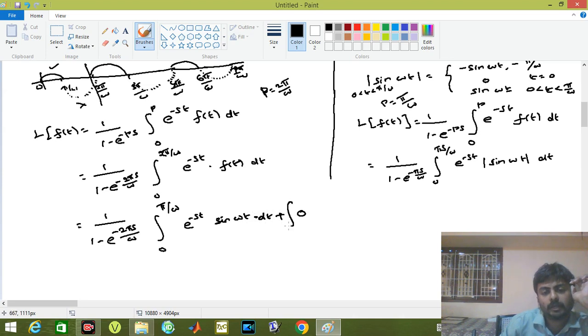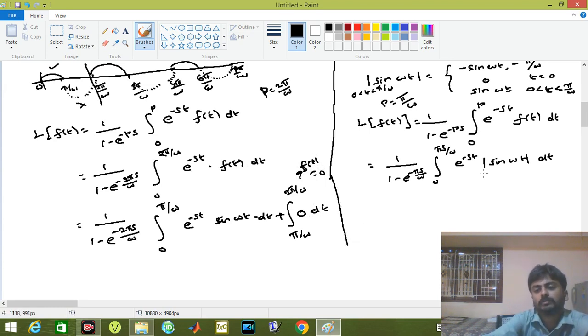The integral from pi by omega to 2 pi by omega will become 0, because f of t is 0. So 0 into dt, e power of minus st into f of t will be 0. The reason is f of t equal to 0. That is why this will become 0.